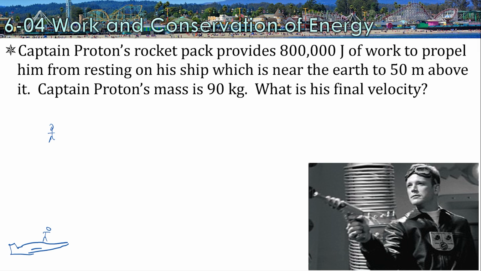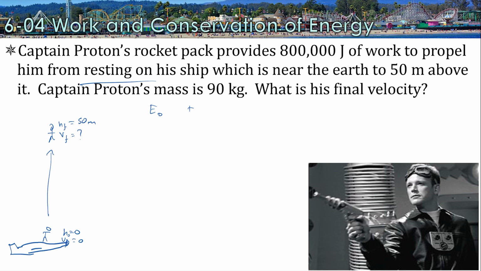At the bottom, let's say his height is 0, and he's starting resting, so initial velocity is 0. At the top, he is 50 meters above, and we are looking for his final velocity up there.